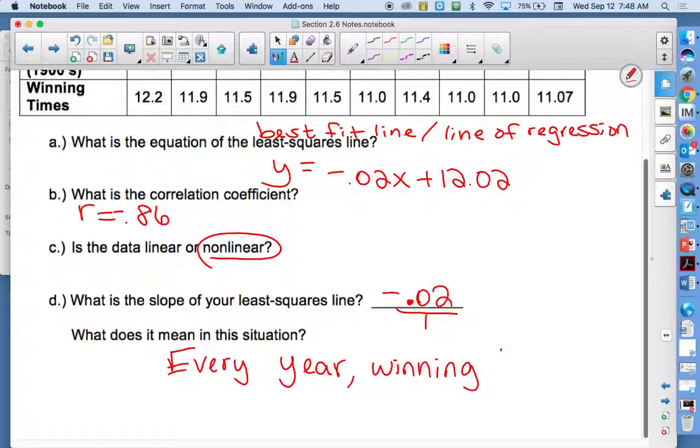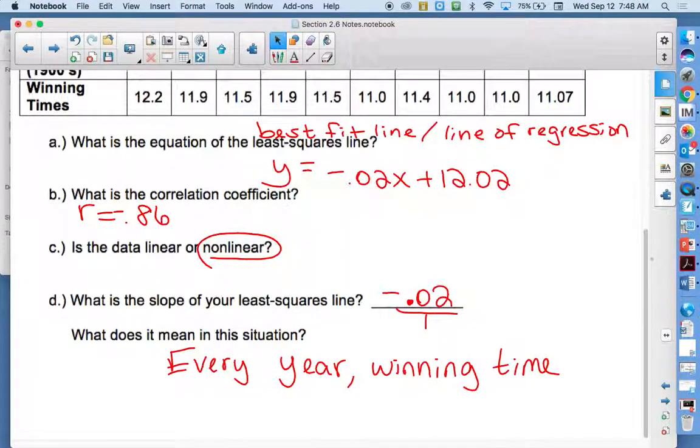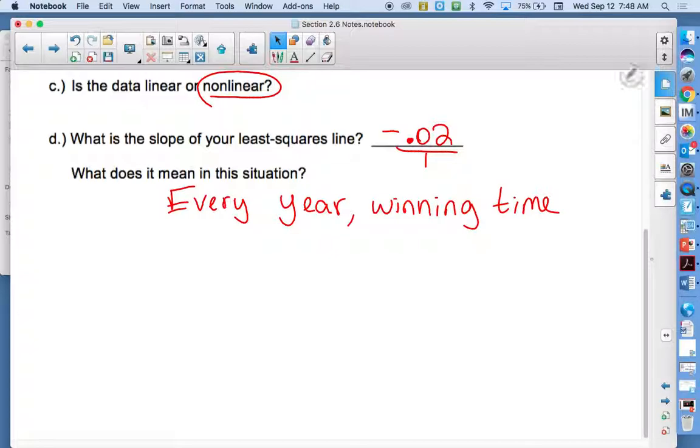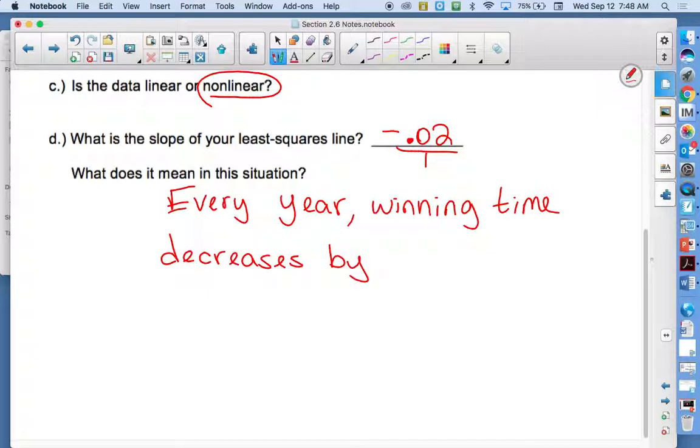the winning time, you could say, goes down, decreases, and then 0.02 seconds. So if we were counting by like 5 years or 10 years, you would still say every year.